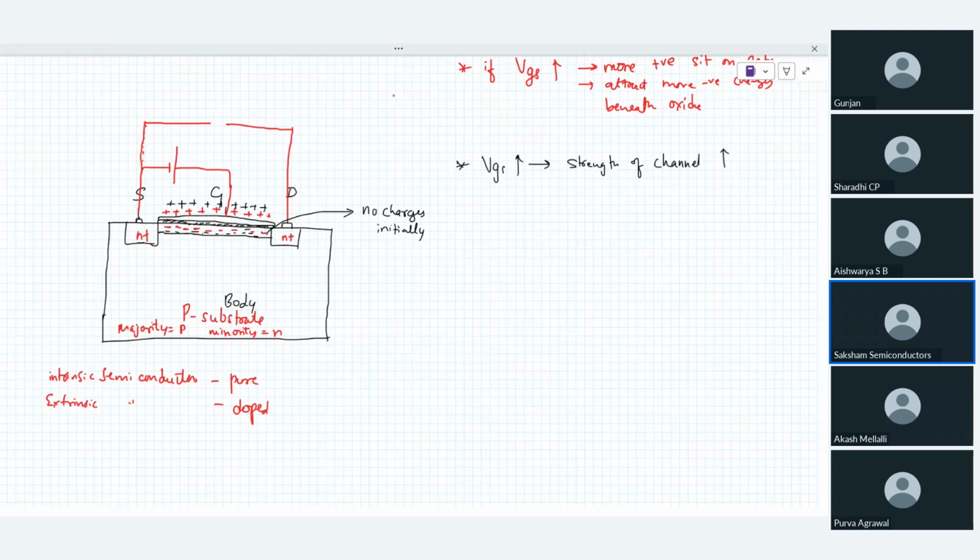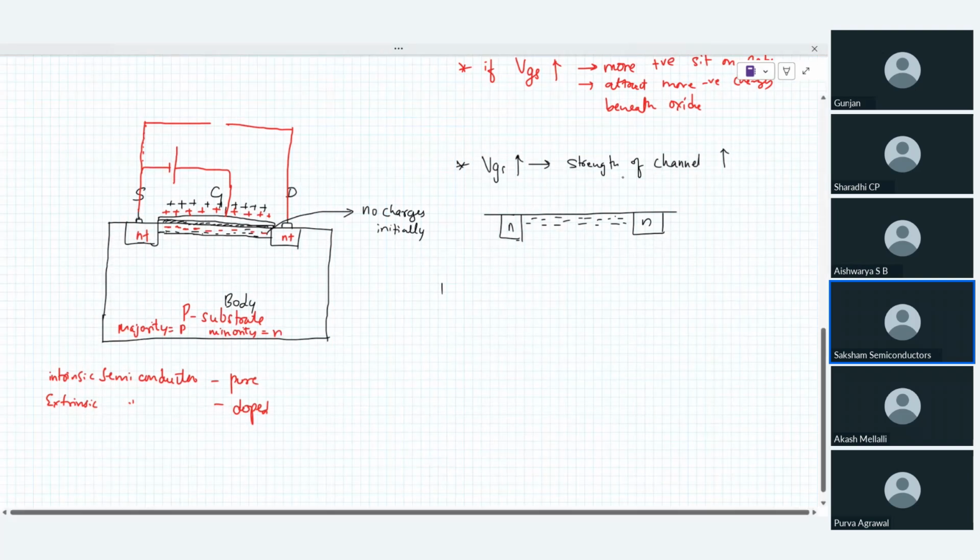That means, basically, whenever something happens in the channel, usually the electrons start getting attracted something like this, and then they slowly and steadily align themselves uniformly to create the channel. Okay, so now the question is till what point should I increase VGS?